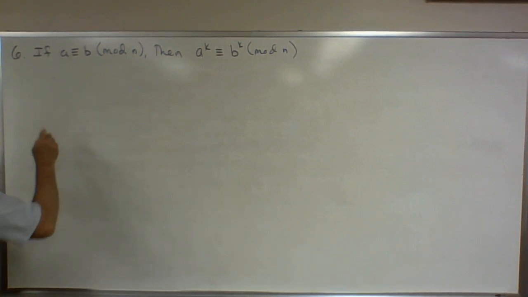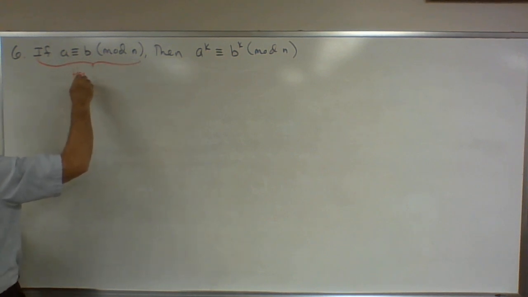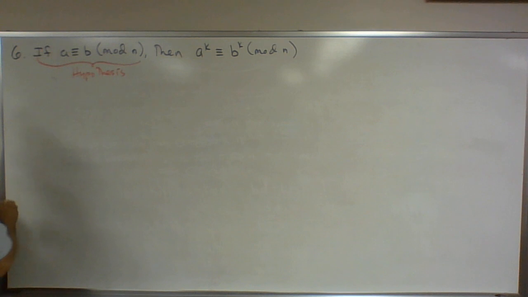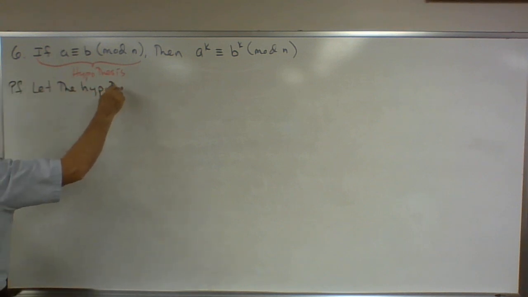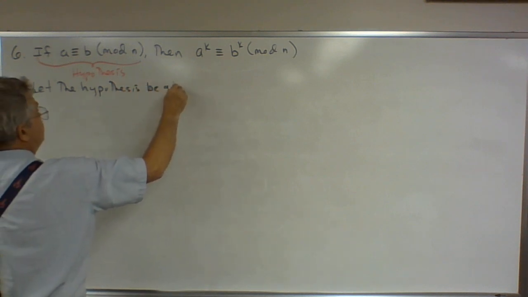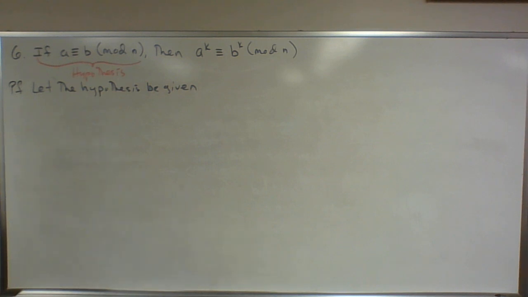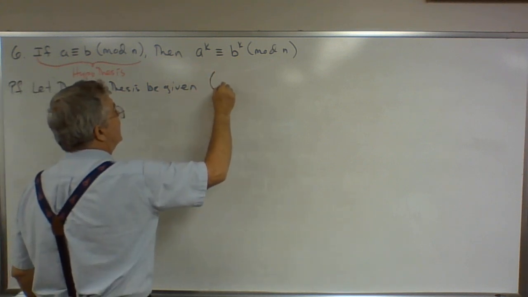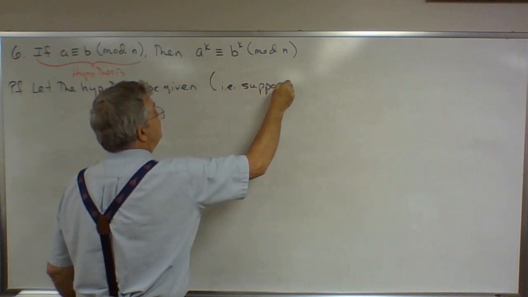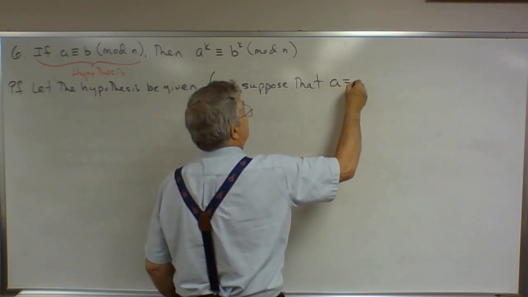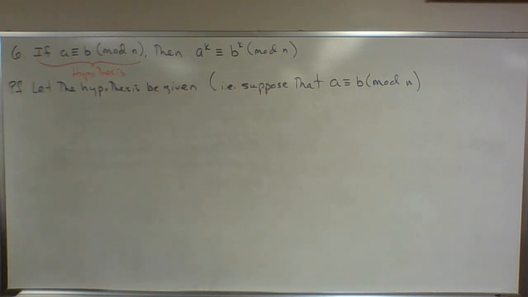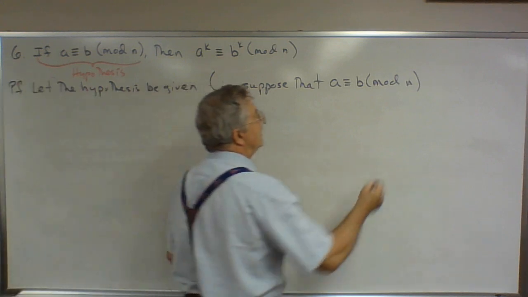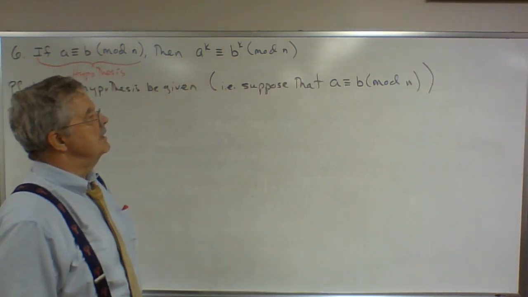And let's see, here's our hypothesis. Let the hypothesis be given, so we suppose that A is congruent to B mod n. And what does that tell me?